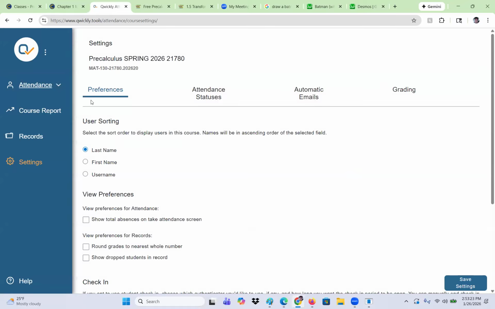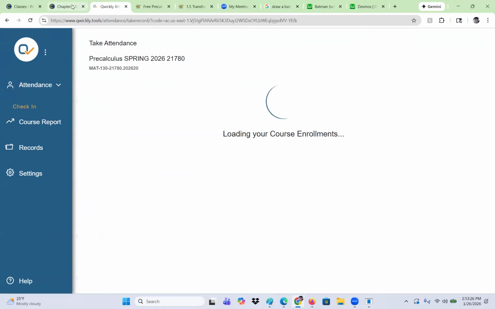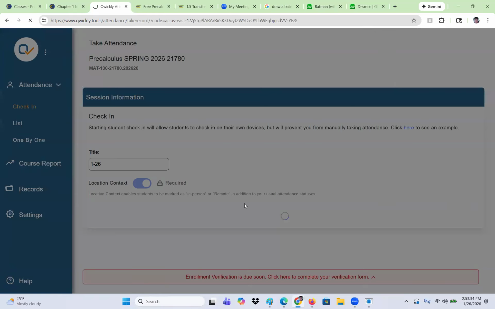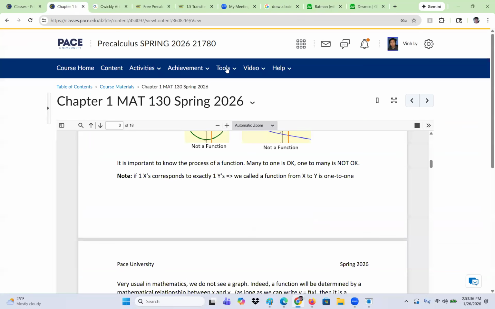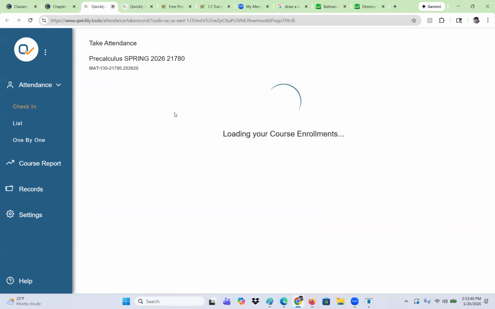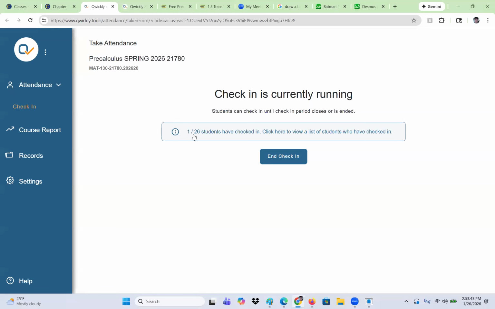All right. I'm just going to do the check-in real quick, and we just have to look for 126. Let me start checking. All we have to do is go to Tools and Quickly Attendance, and then you just have to check in for that. I got 2 people checked in. If you have any concern about the check-in, just let me know.